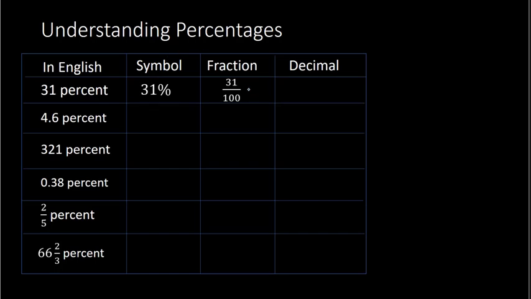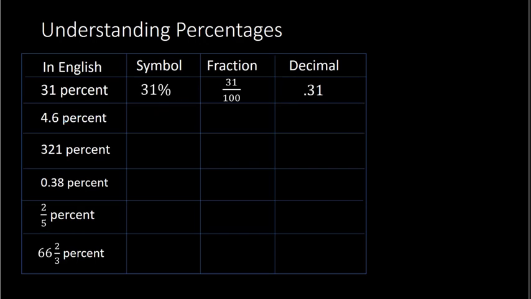And then as a decimal, when I divide by anything where you have 10 to some power, like 10, 100, 1,000, 10,000, etc., all I can do is move the decimal. So here, the shortcut way of converting from fraction to decimal is I see there are two zeros, so I can move the decimal two places. The decimal was here after the 31, moving it over two places to the left, 1, 2, I'm going to get 0.31.